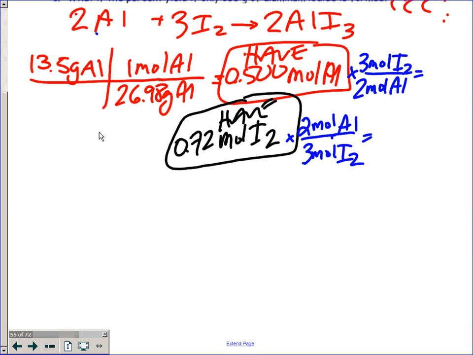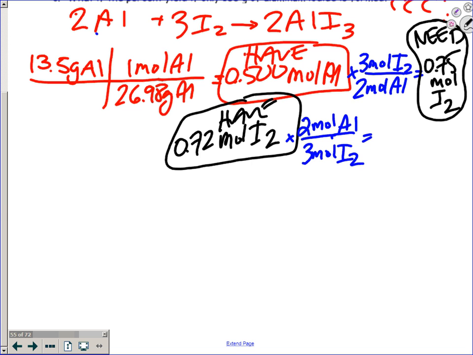Okay? And this is going to be how much I need of iodine. So that should be, yeah, thank you. I was working on this. 0.75 moles of iodine is how much I need.